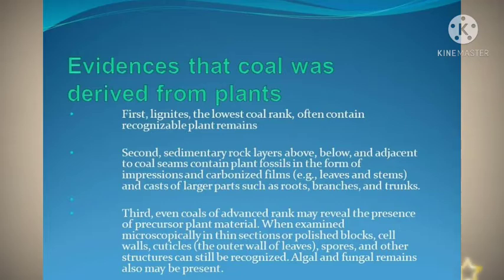And third, even coals of advanced rank may reveal the presence of precursor plant material when examined microscopically in thin sections or polished blocks. Cell walls, cuticles, spores, and other structures can still be recognized. Algal and fungal remains also may be present.